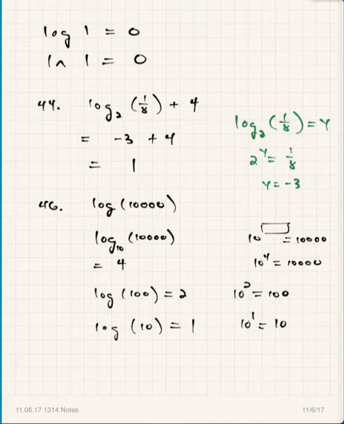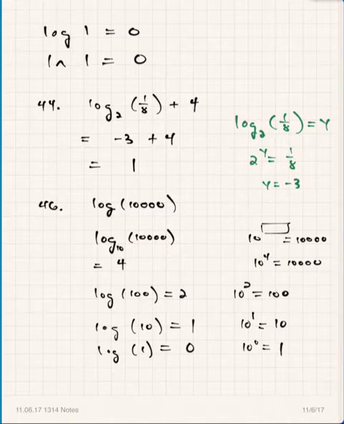Remember, these are all base 10 logarithms. And log of 1, finally, we've seen is equal to 0, because the log of 1, no matter what the base is, is always equal to 0. So 10 to the 0 is equal to 1.